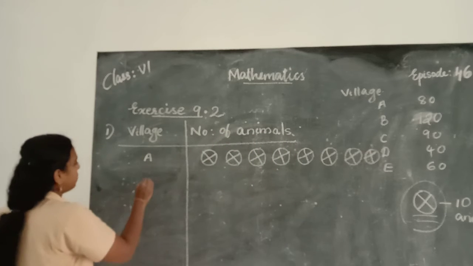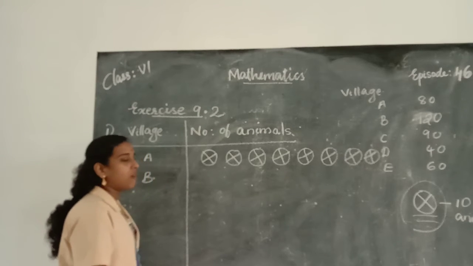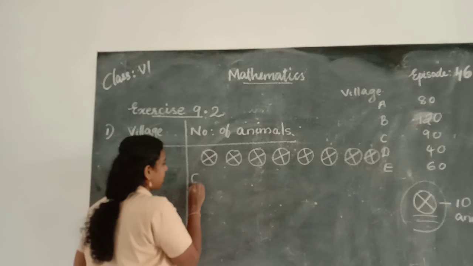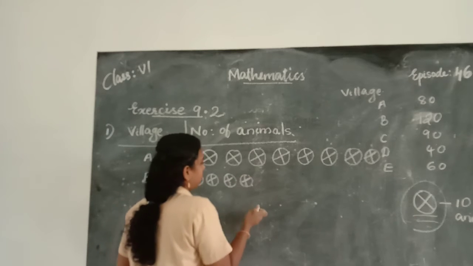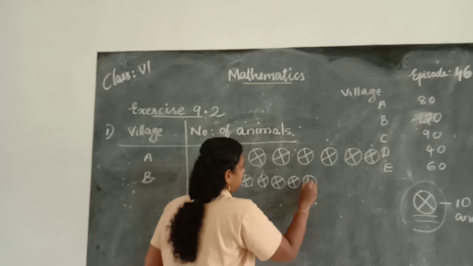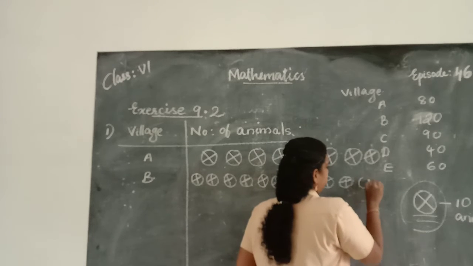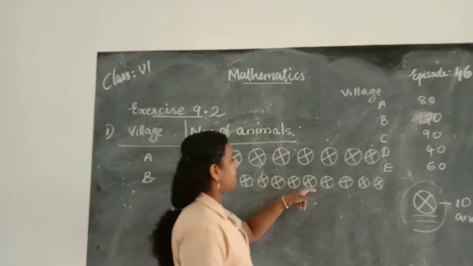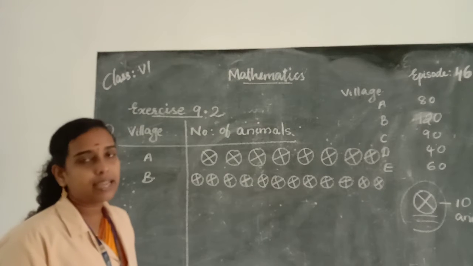Then next one is village B, and there are 120 animals. 12 symbols are drawn for village B because 12 into 10 we get 120.